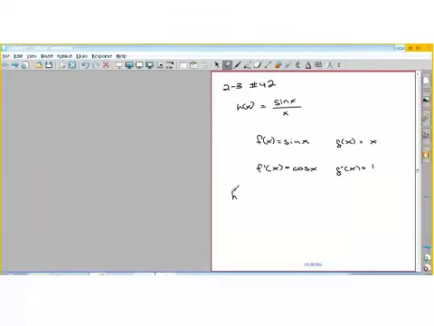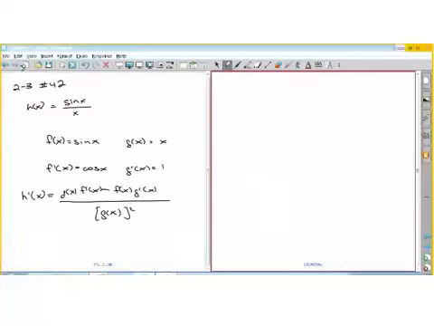So it says that the derivative of a quotient is equal to f, see if I can remember this, g of x times f prime of x minus f of x times g prime of x divided by g of x quantity squared. So once I have these, I just make sure I do the right ones first, which would be this cross.